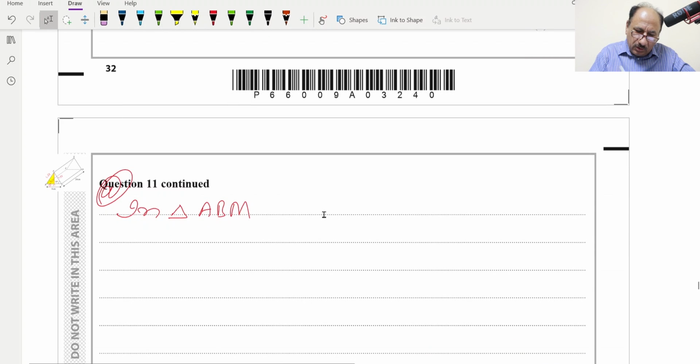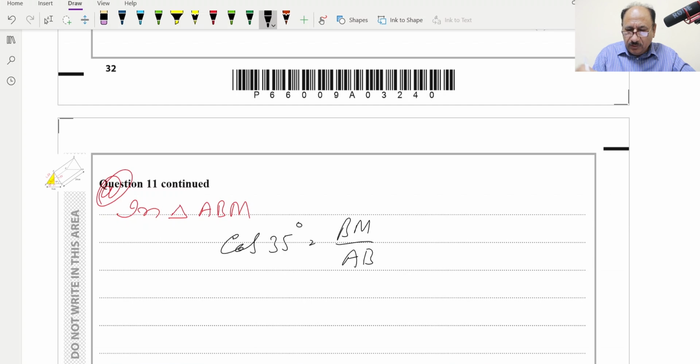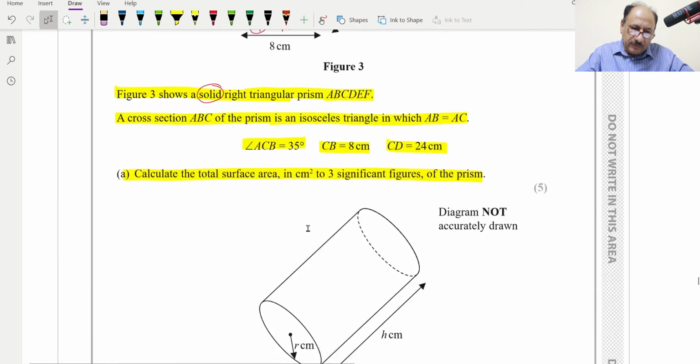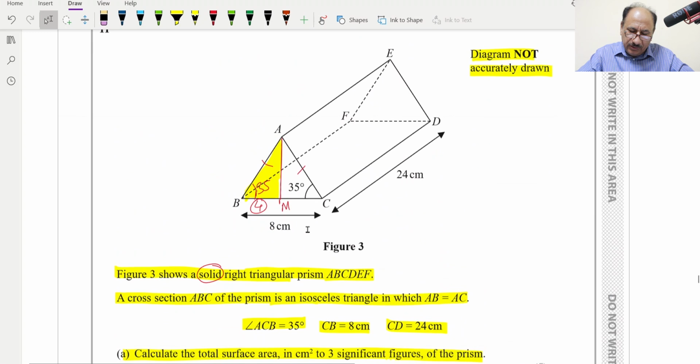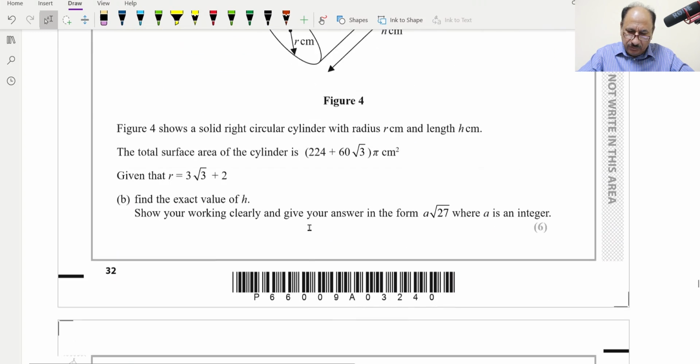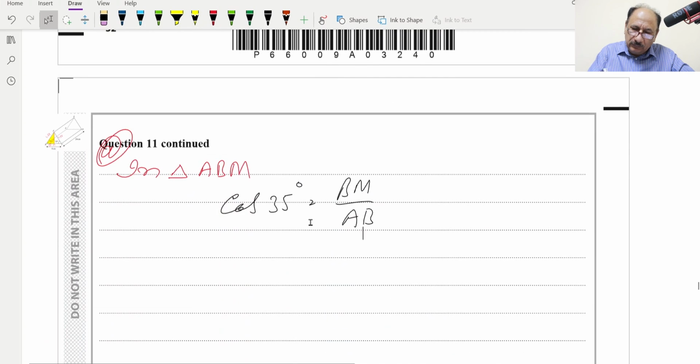So we can write cos of 35 degrees is equal to BM over AB, since BM is adjacent over hypotenuse. So this will be equal to 4 over AB.